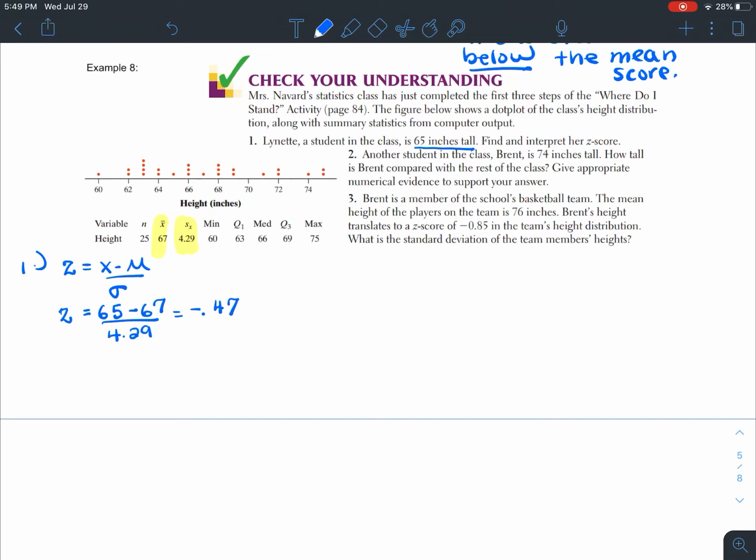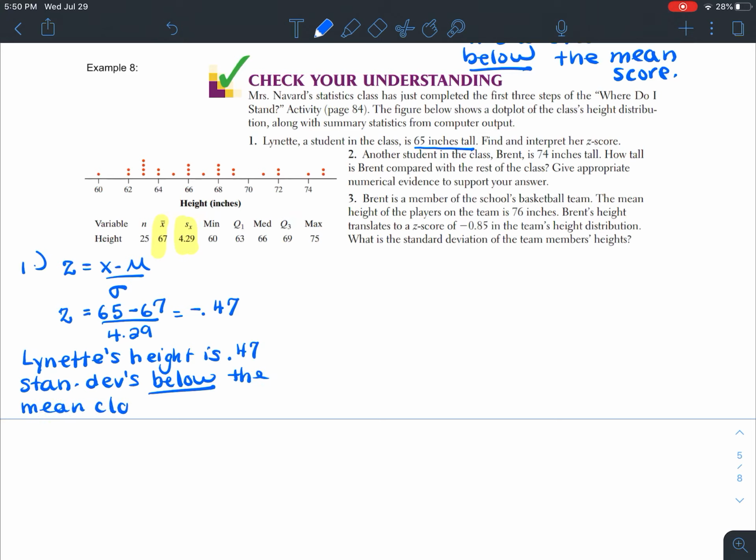We get negative 0.47. We're going to say that Lynette's height is 0.47 standard deviations below the mean class height. Okay, that means she's on the shorter side compared to others.